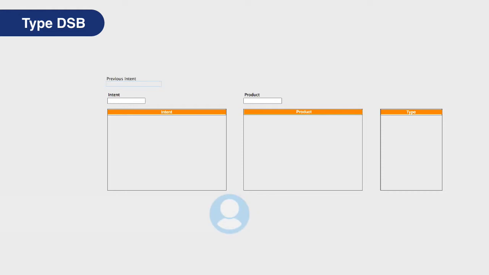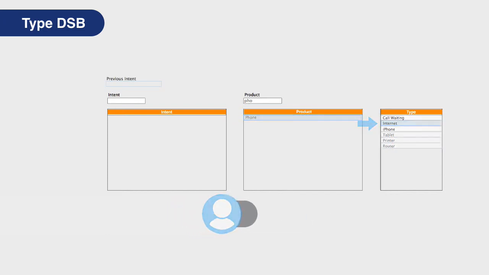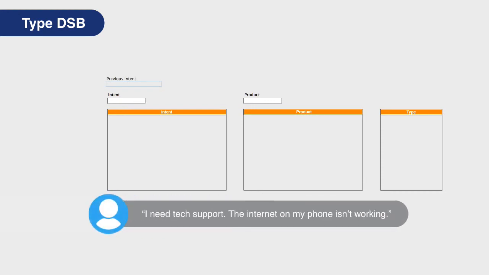For example, my phone's internet. This is handled by selecting phone in the product DSB, which populates a list into the type box, allowing you to select internet. An additional example is, I need tech support.